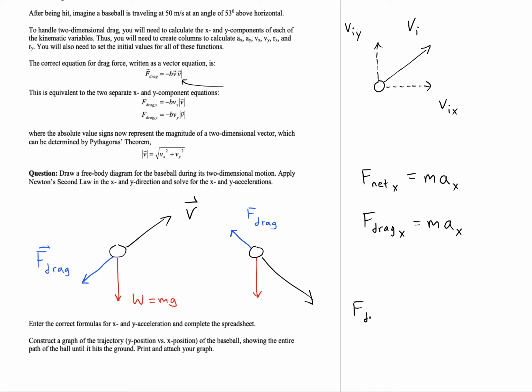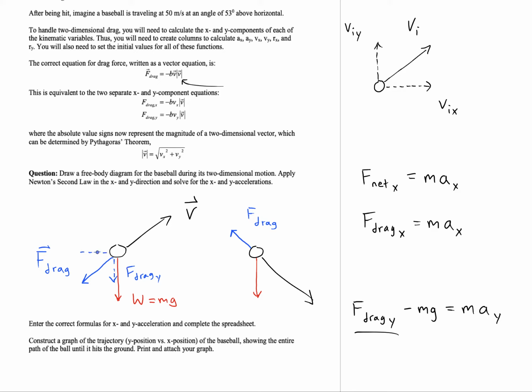You'll have f drag in the y. You could do a minus mg equals may. Right? Because this guy can contribute to the vertical, like it would have its own vertical component there, which would be f drag in the y direction.